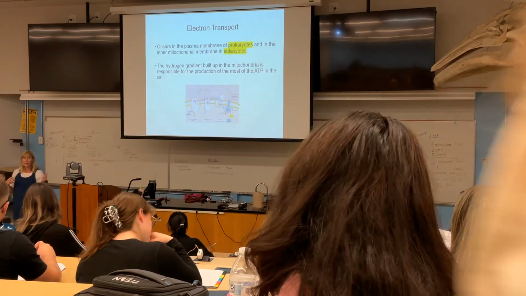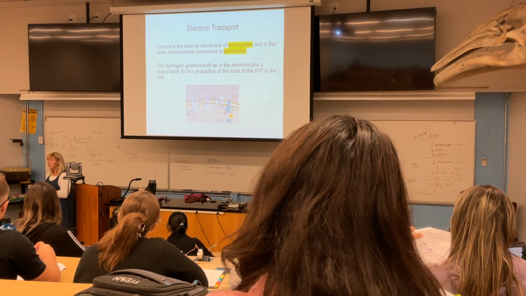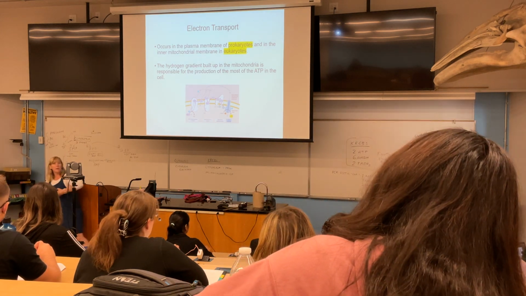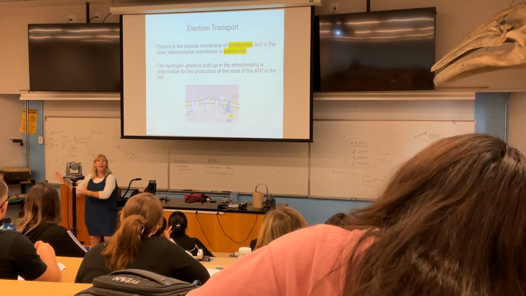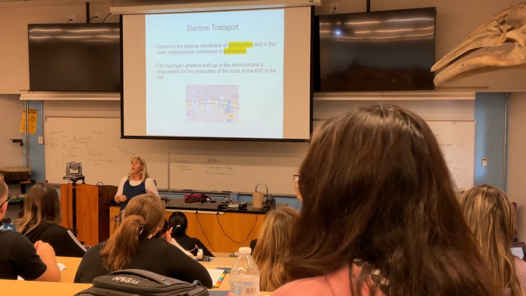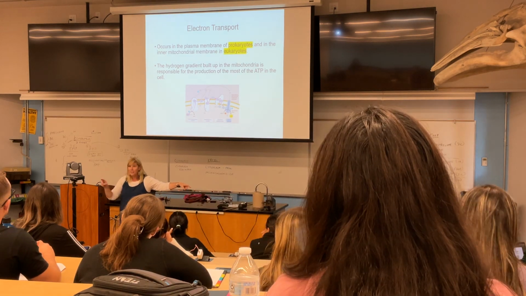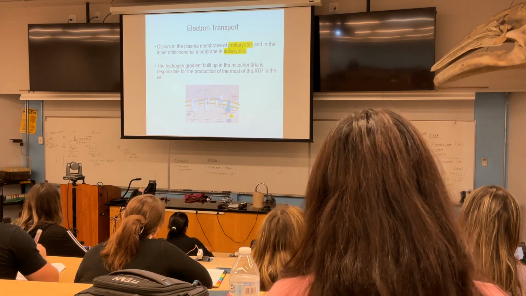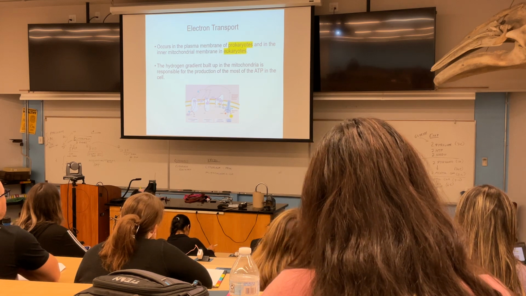But right beside him is another bigger, badder electron acceptor who wants that electron, who's going to pull the electron towards it. And then right beside him is another bigger, badder electron acceptor who pulls the electron. And they just keep going down this chain. Who's the biggest badass waiting for us at the end? Oxygen. He's down here. He's like the Arnold Schwarzenegger. He's like, send them to me, I'm down here. Send them. He's waiting, and he grabs the electrons.